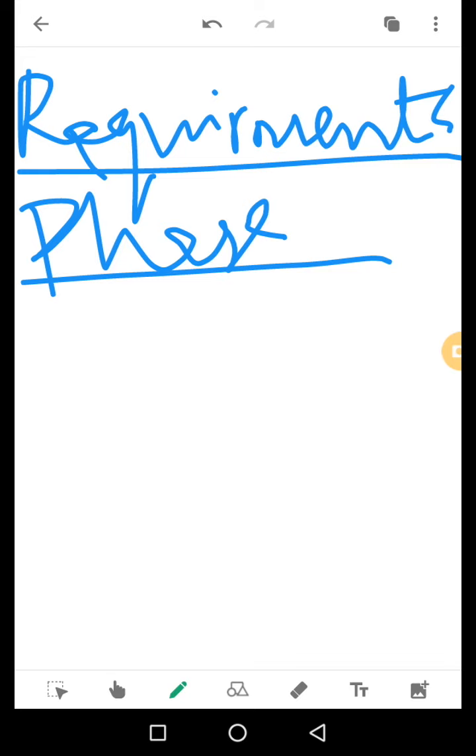Are you getting it now? Okay, let me liken this issue of requirement analysis to a building. You know, when a building is to be built now, the requirements expected of the building must be analyzed in detail.